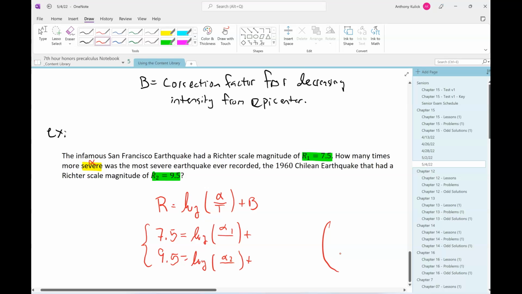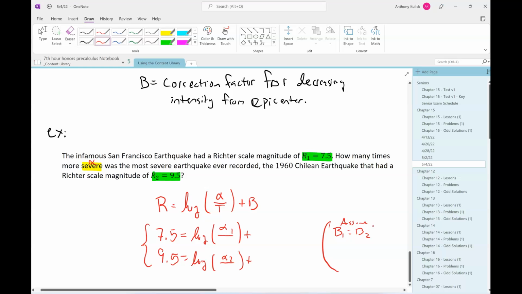These two Richter scale measurements we have have already been scaled to represent the severity or the magnitude at the epicenter, right? So because they've already been scaled, we can assume that those B values are basically either 0 or they're just the same thing.